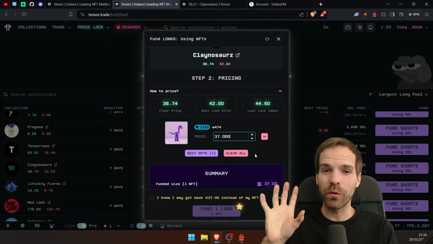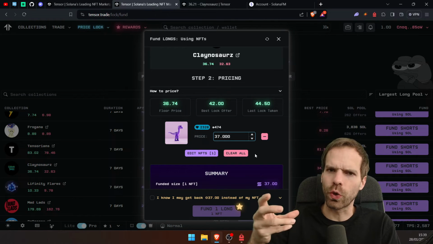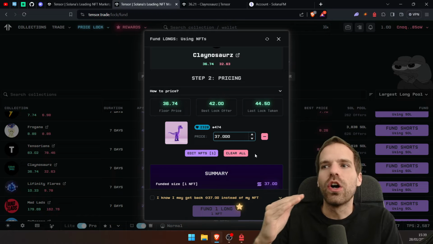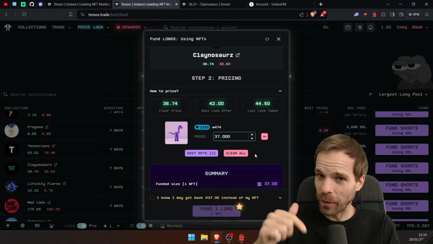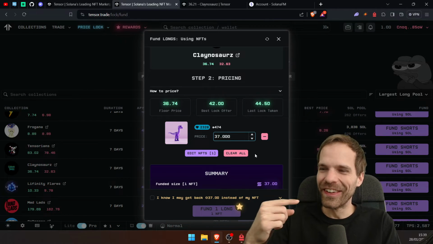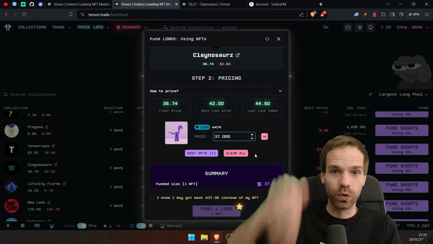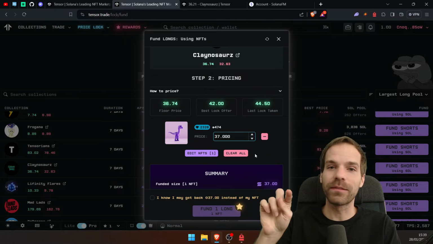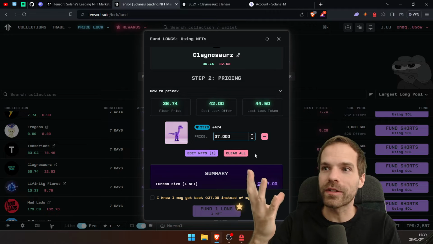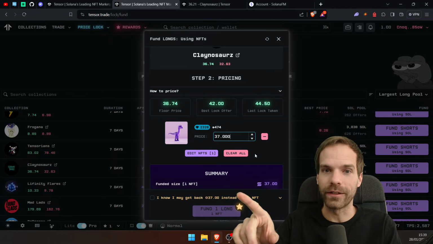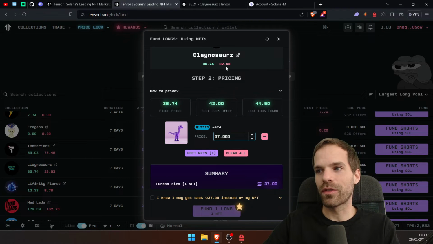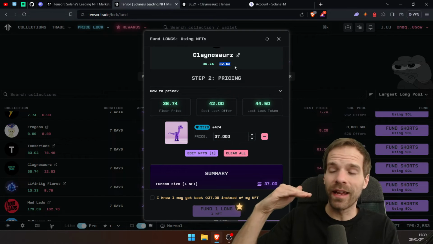So we said when we fund the longs, we're going short. But we're not really going short, because then we would short if we expect Clanos to drop. Then this doesn't make sense. It would make much more sense to floor it or take the collection bid, which is 32. Why? Because then 32 is my limit.